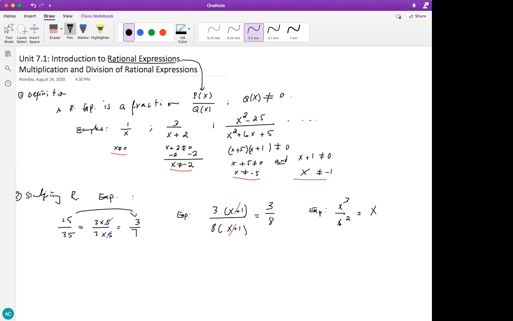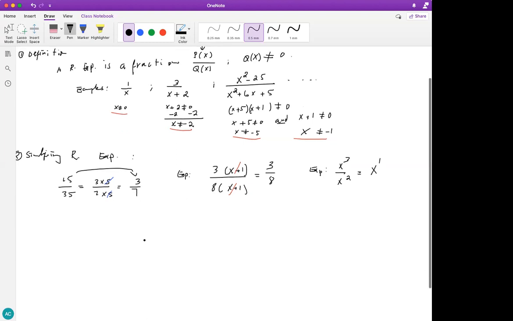Nope, you can't just cancel the x here because these are powers, not factors. Wouldn't it just be x? Exactly, we subtract the powers. 3 minus 2 would be 1.